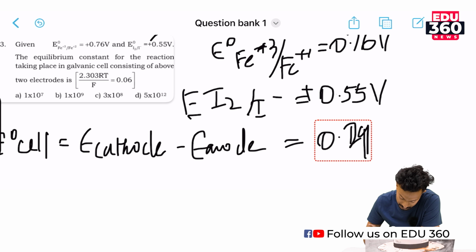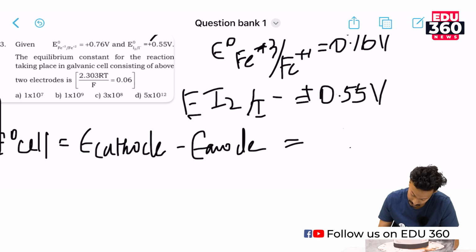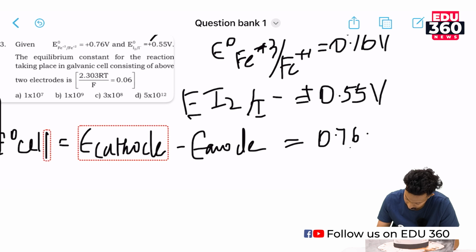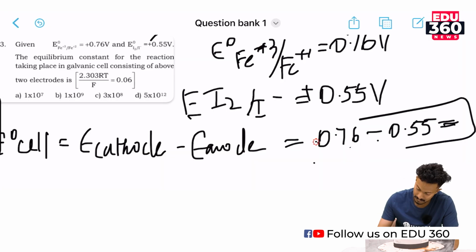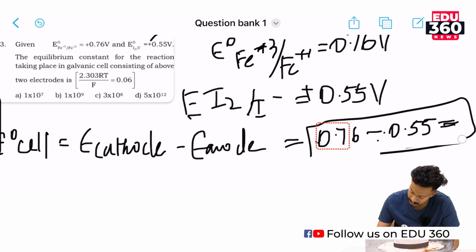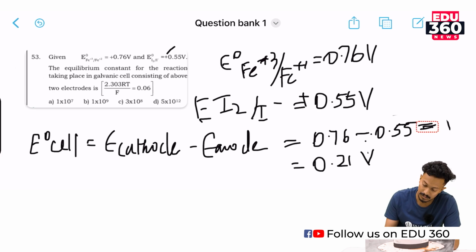Sorry, 0.21. We get 0.21. So it gives 0.21 volt. E0 cell for this chemical reaction would be 0.21 volt.